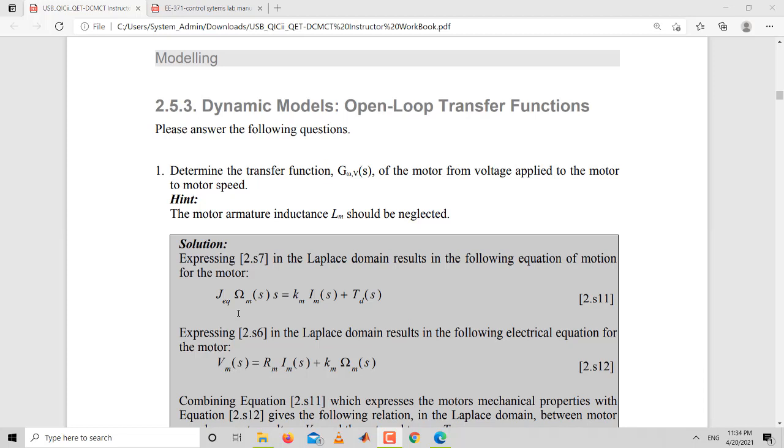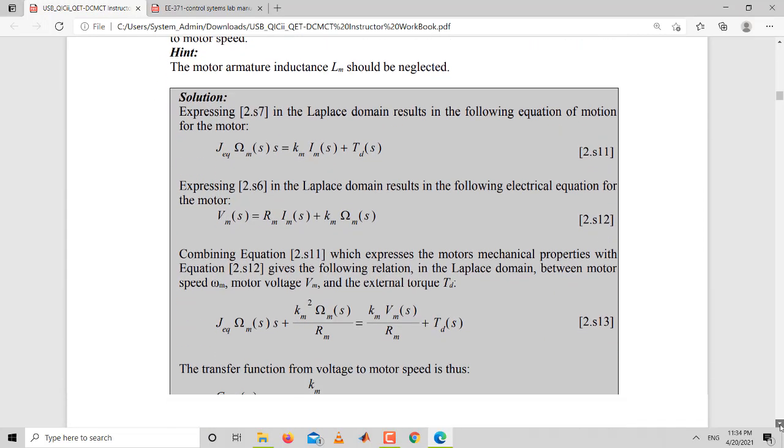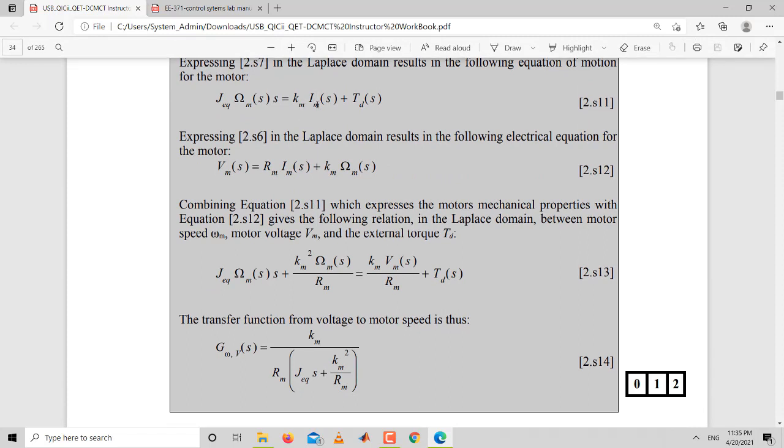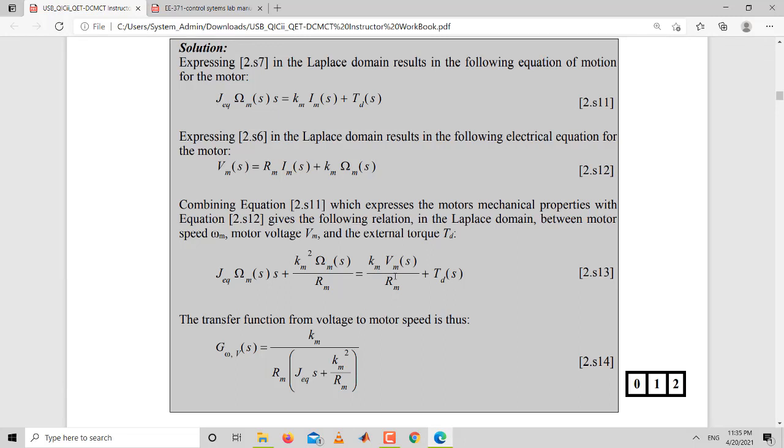So if you solve the two equations for the value of current, keeping voltage and omega retained in the expression, eliminating the value of I, or putting the value of I from one equation into the other, you get a relationship in which one side has omega and the other has voltage V. After simplifying, you keep omega over V on the left hand side and take all other values to the right hand side.